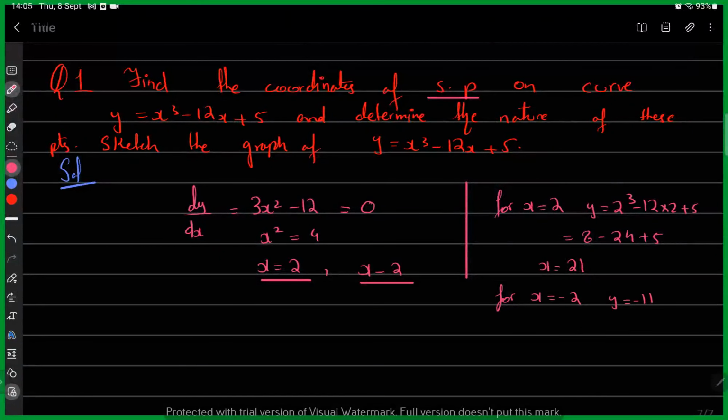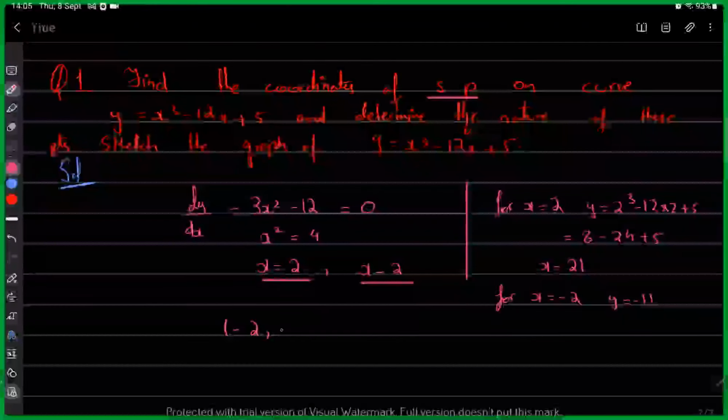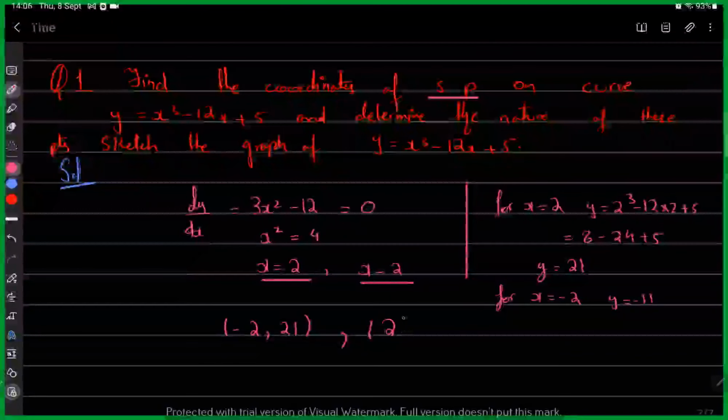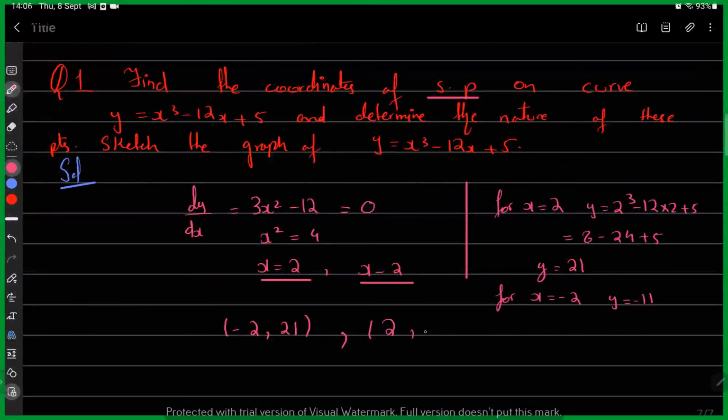So the two stationary points are negative 2 and 21. This is y. And the other one is 2 and minus 11.